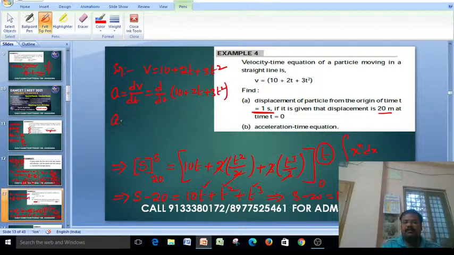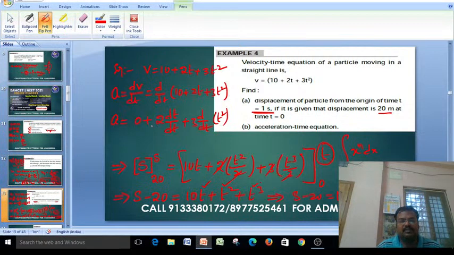When you differentiate, d by dt of 10, a constant, you will get 0, plus 2 into dt by dt, plus 3 into d by dt of t². So which formula do I want to use here?